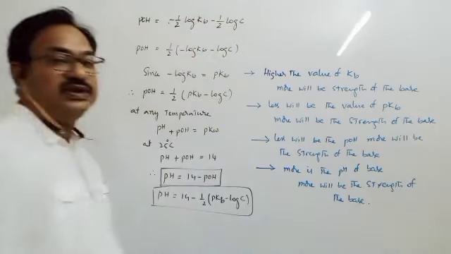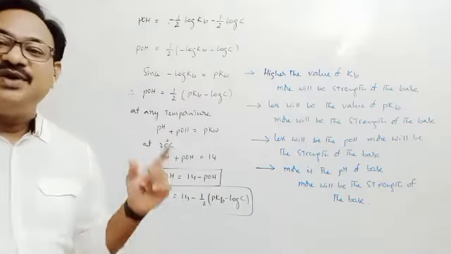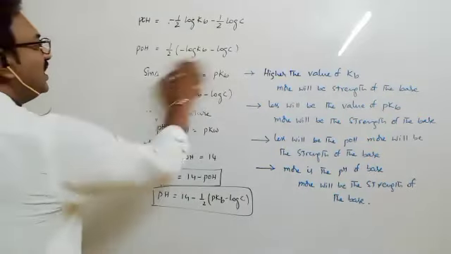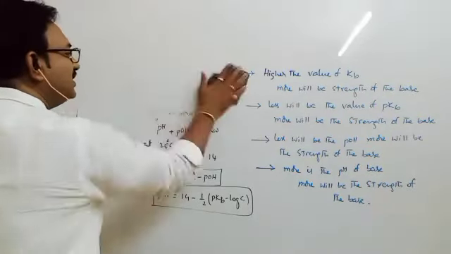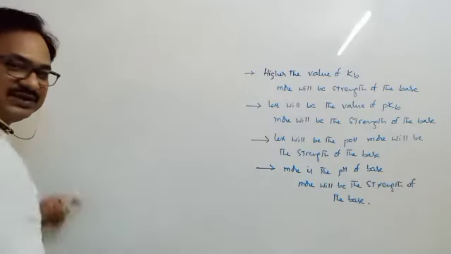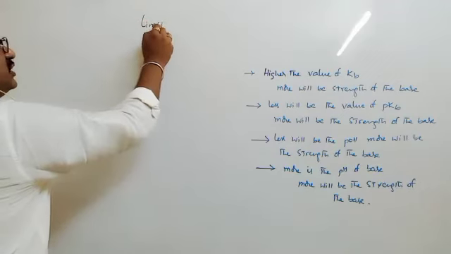Okay. So this is about Arrhenius theory. Now let me go through the limitations of this Arrhenius theory. What are the limitations we have to follow in Arrhenius theory? So listen carefully. See, limitations.